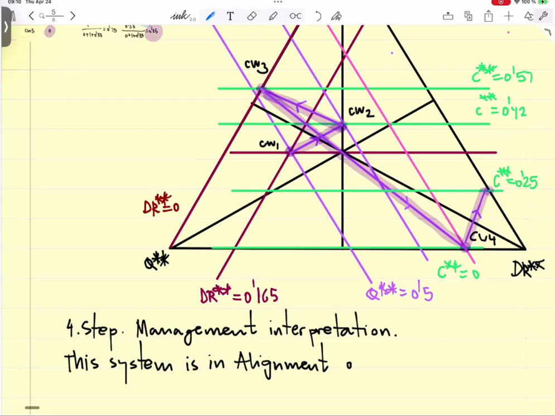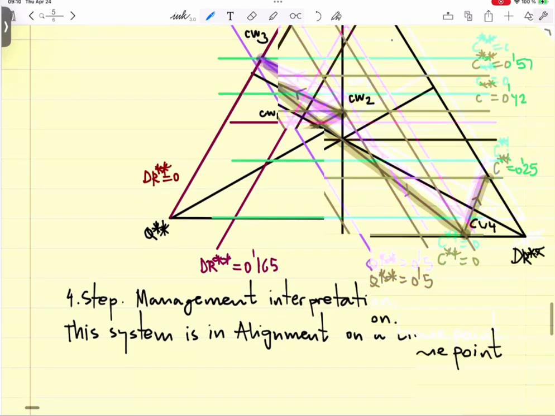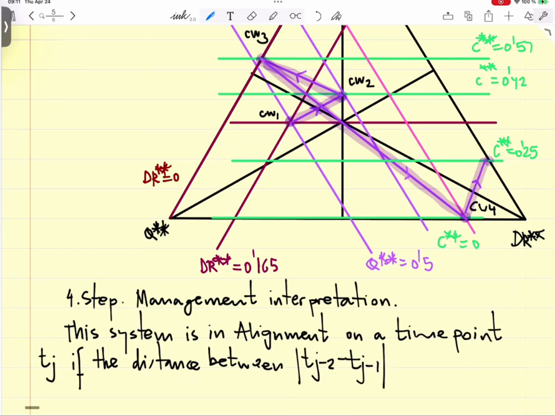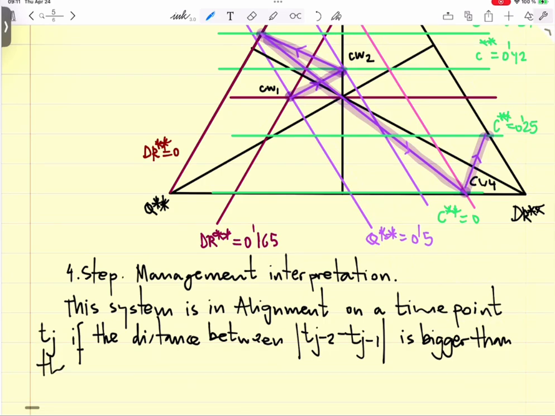On a time point t sub j, if the distance between t(j-1) minus t(j-2), minus t(j-1), is bigger than the distance between t(j-1) minus t(j).